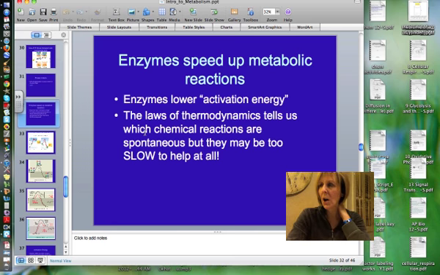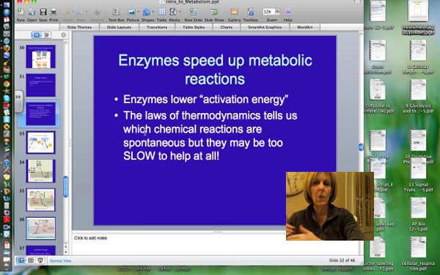And now we're going to talk a little bit about enzymes. So here's the deal. In order for chemical reactions to occur, even spontaneous ones, even ones that are exergonic, there are bonds that have to be broken so that they can be reformed to make products.